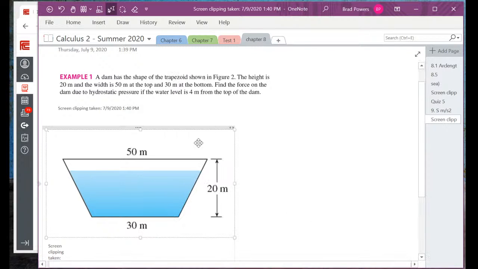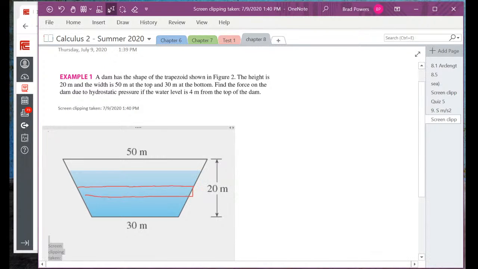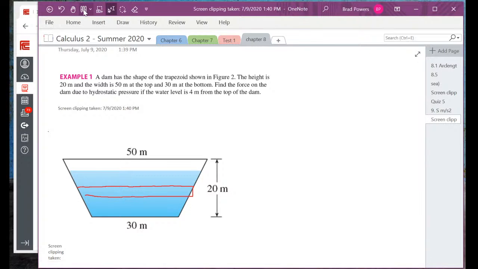Send it back. There. Got it. Okay, so here's my little chunk. And so, what is this? This is ridiculous. Hold on.